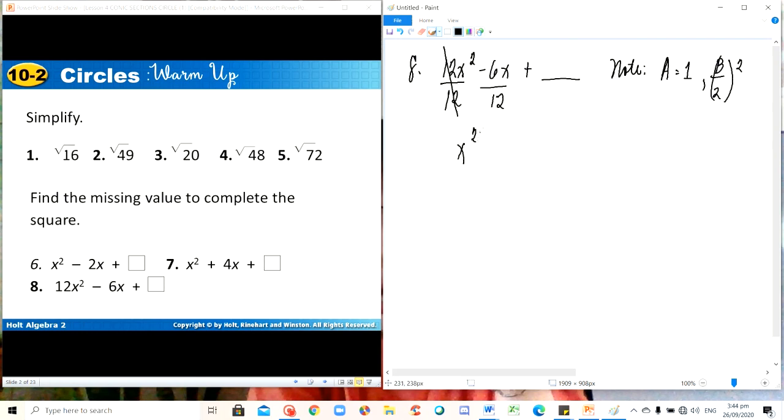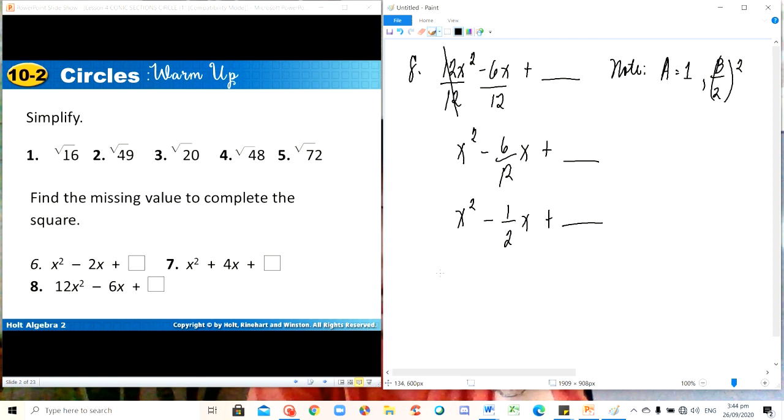So this is x squared minus 6 over 12x plus blank. 6 over 12 can still be written in its lowest term, so that is x squared minus 1 over 2x plus blank.